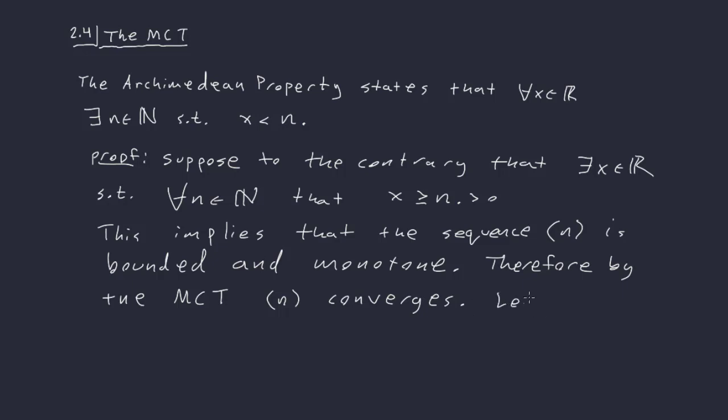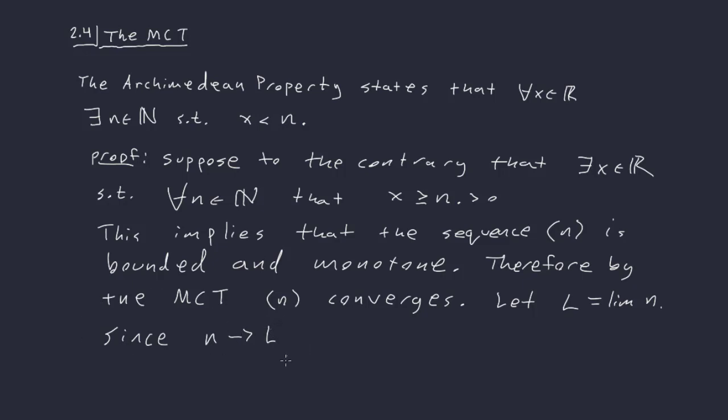So let's let L be the limit of the sequence n. All right? So then we know that since n converges to L, for any epsilon, we can get the distance between, say, L and terms of the sequence as small as we want, provided we go out far enough.